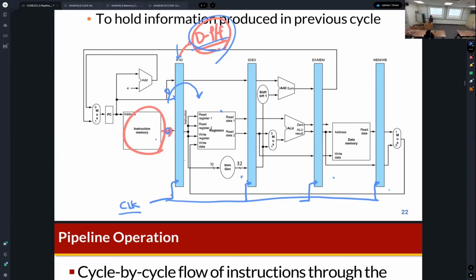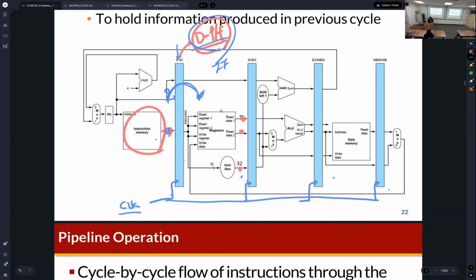As I mentioned, when the operation of this stage is complete, the result is delivered to the next stage, but this data delivery is controlled by clock signals. So this is the instruction fetch stage, and the output of the instruction fetch stage is this output.